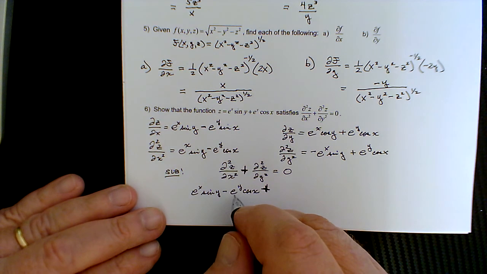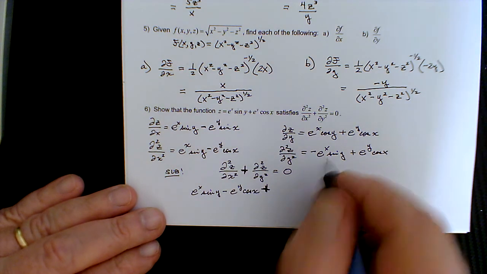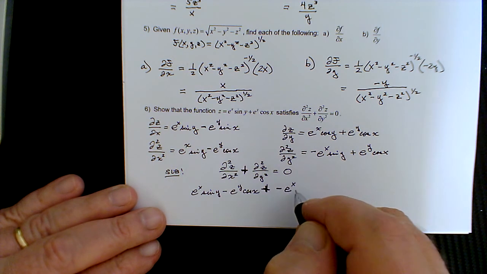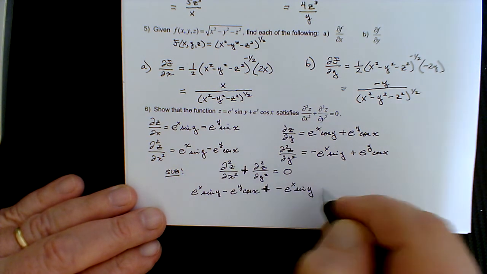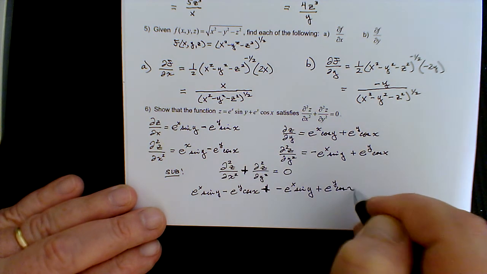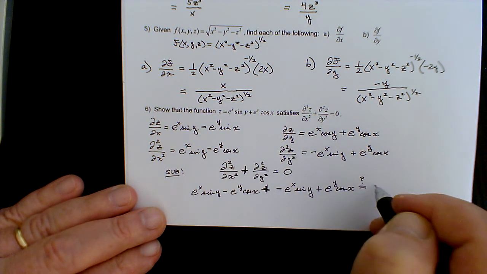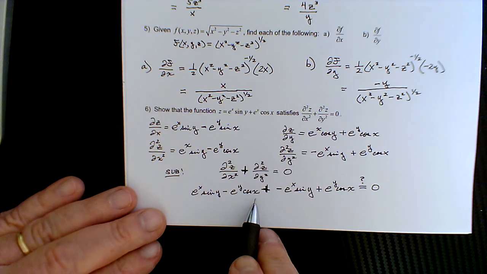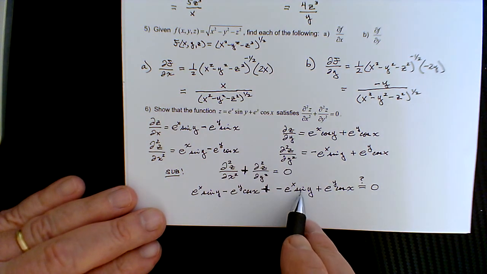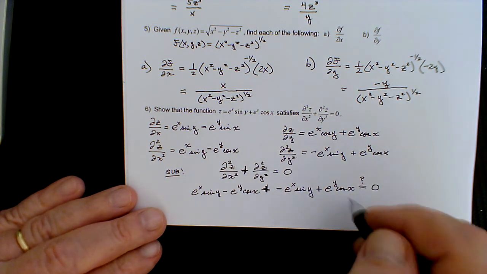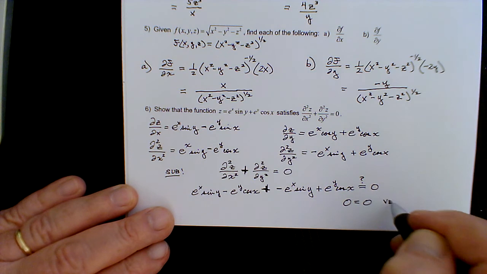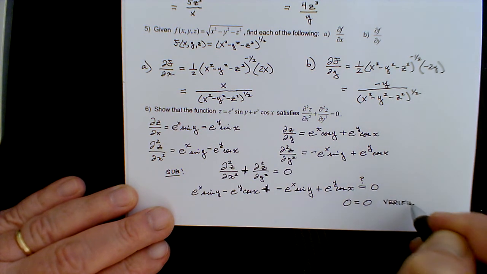So that's the second partial of z with respect to x, and then plus the second partial of z with respect to y is minus e to the x sine of y, and then plus e to the y cosine x, and we want to know, is that equal to 0? And by inspection you can see it is, because the e to the x sine of y's cancel, and so do the e to the y cosine x's. So 0 equals 0. And it's verified.